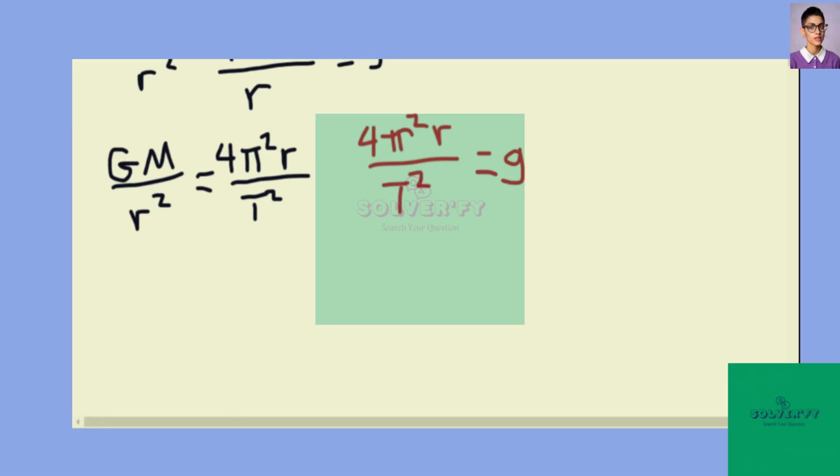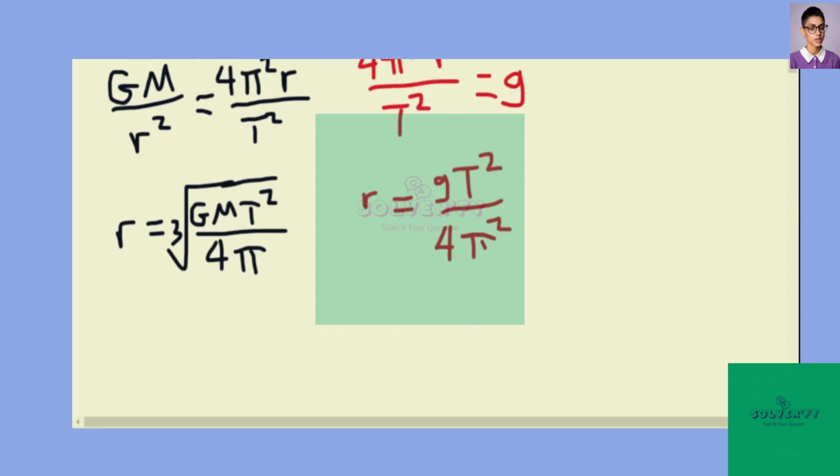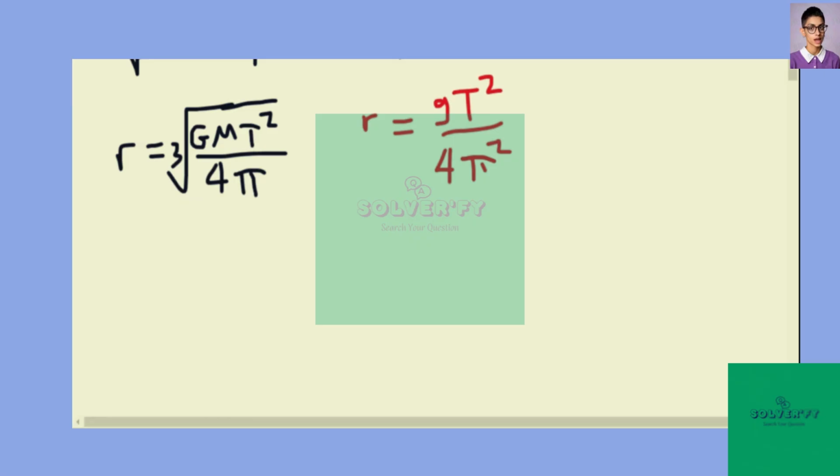If I solve them both for r, the left equation will say r equals the cube root of GM T squared over 4 pi squared. And the right equation will read r equals g T squared over 4 pi squared. Now, if I set them equal to each other, I can just put a big equals in the middle.